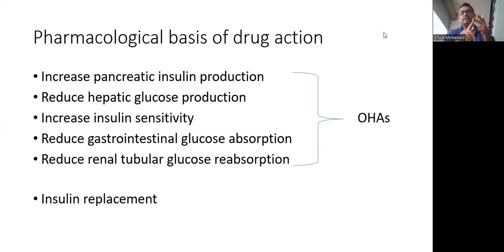Then it can increase insulin sensitivity. Then it can reduce gastrointestinal glucose absorption, so your blood glucose level is going to be reduced. Then it will reduce renal tubular glucose reabsorption. These are the major pathways by which these oral hypoglycemic agents are going to act. Remember that each pathway is served by a separate class of drugs.